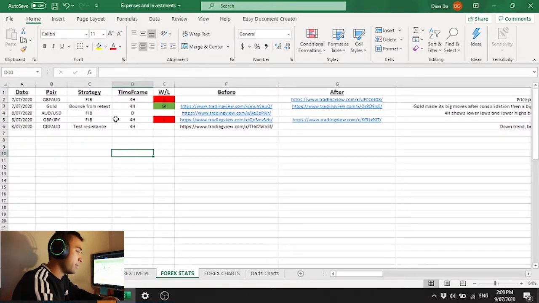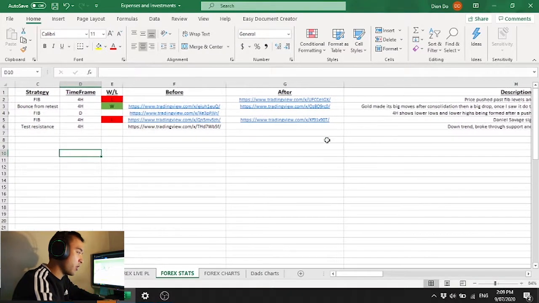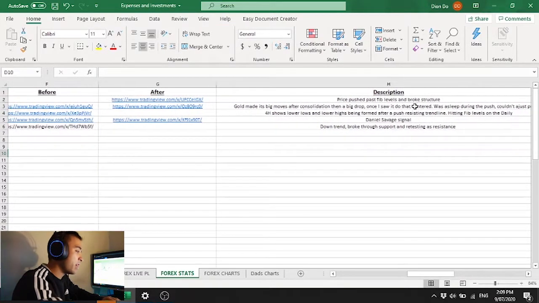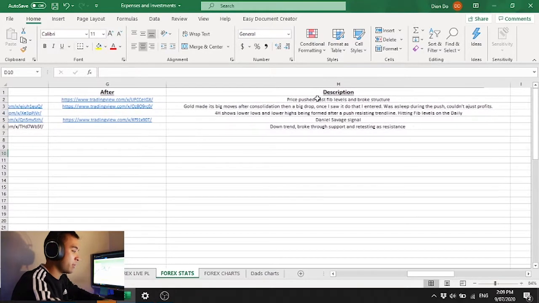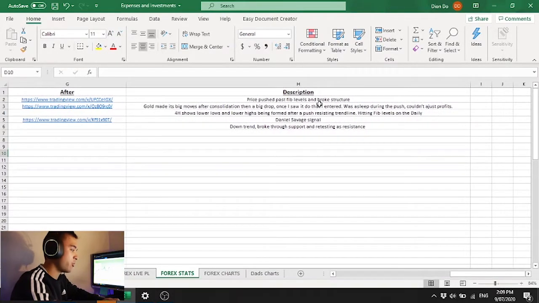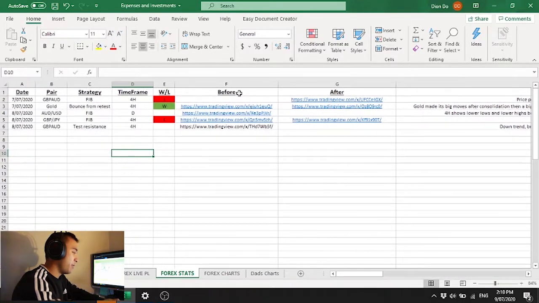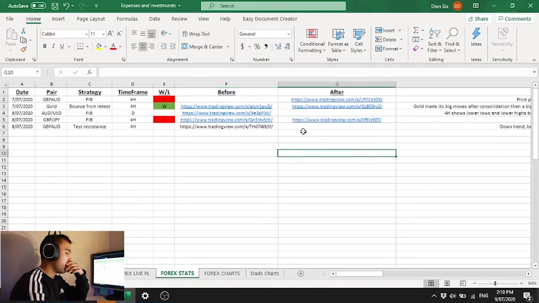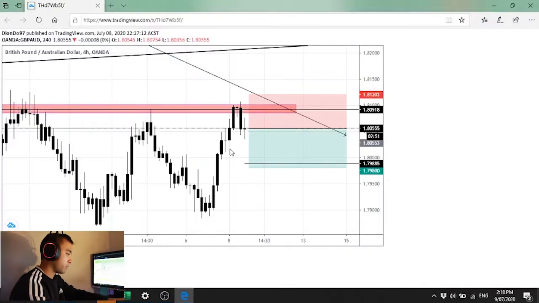That's something I haven't been doing at all. Then I have a description, where I just describe the trade, and before and after photos. So I have 3 trades here which have already been executed and 2 which I'm currently in. I can show you all 5. We'll start from the latest ones.